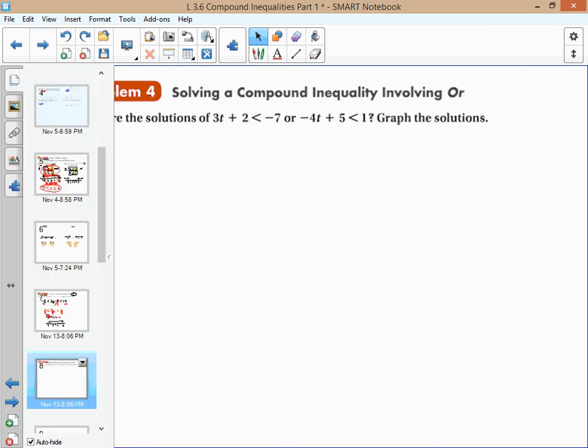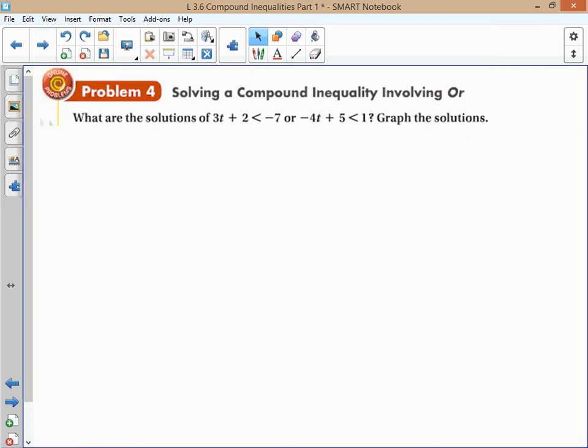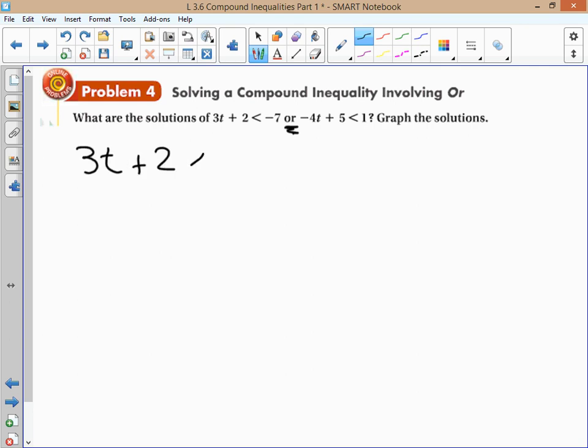Okay, last example. This is an example of an OR compound inequality, and you know it's an OR compound inequality because there's the word OR in it. And it says 3t plus 2 is less than negative 7, or negative 4t plus 5 is less than 1.